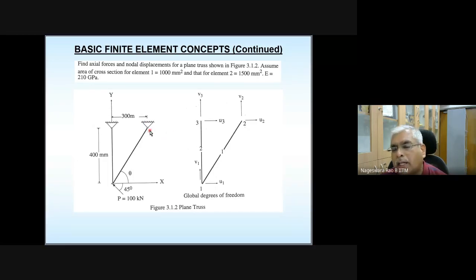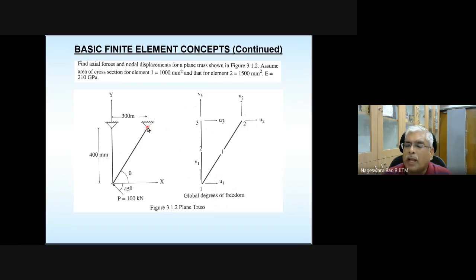Whenever you restrain displacement to some value, it's not necessarily 0. Whenever you apply some restriction on the displacement, a reaction is going to be developed. So wherever you apply 0 displacement or some other non-zero displacement, a reaction develops. In this particular problem, it's going to be 0.